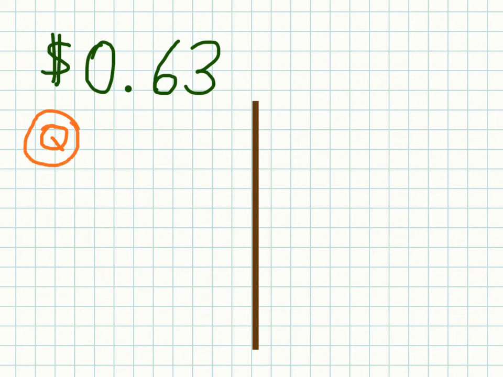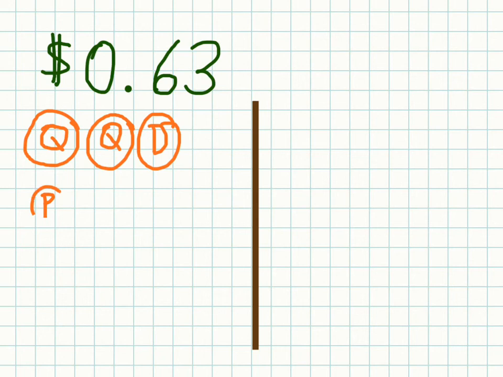Don't draw the circle first because then it gets cramped and you can't read the letter. So I'm going to have a quarter, and a quarter will give me 50 cents. Then a dime would give me 60 cents, and then 3 more pennies would give me 63.